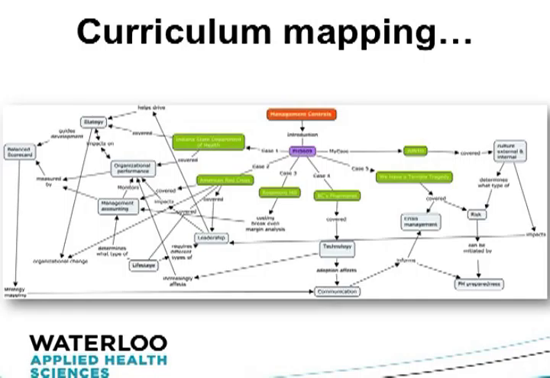And I went through each case, and I tried to map out the concepts that were coming out of each one of the cases, so that I could connect them into a whole and make sure that they connected back to my course objectives. So this was a very simple exercise to do, and it gave me an opportunity to go back in and ask, okay, am I achieving what I think I'm going to achieve with this particular set of cases?